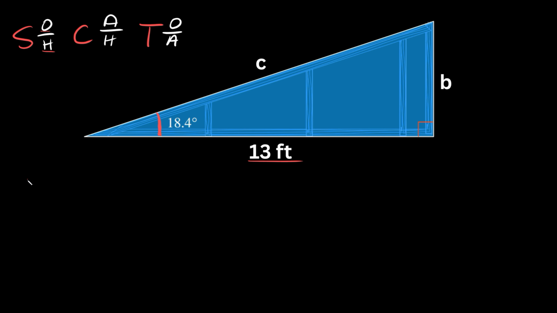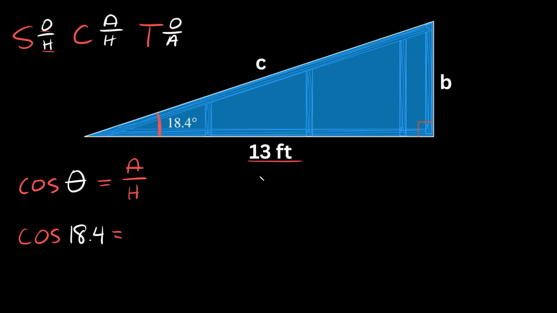So we're saying that the cosine of an angle, we'll say theta, is equal to the adjacent side over the hypotenuse. Now, in this case, theta is given. This is the angle we're using, 18.4 degrees. So let's plug that in for theta right here. So we're going to get the cosine of 18.4 degrees is equal to the adjacent side over the hypotenuse.